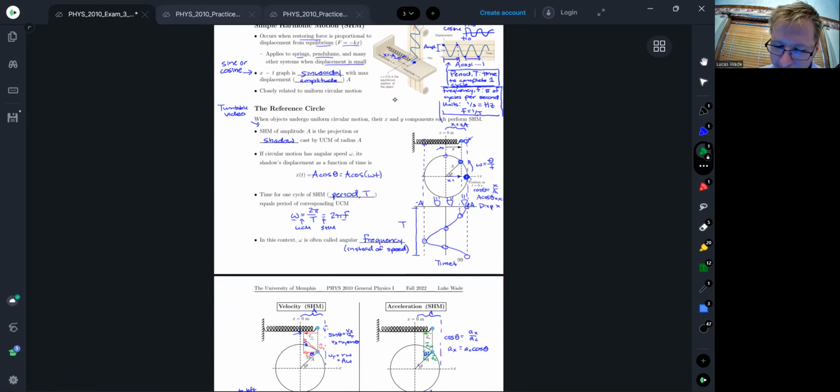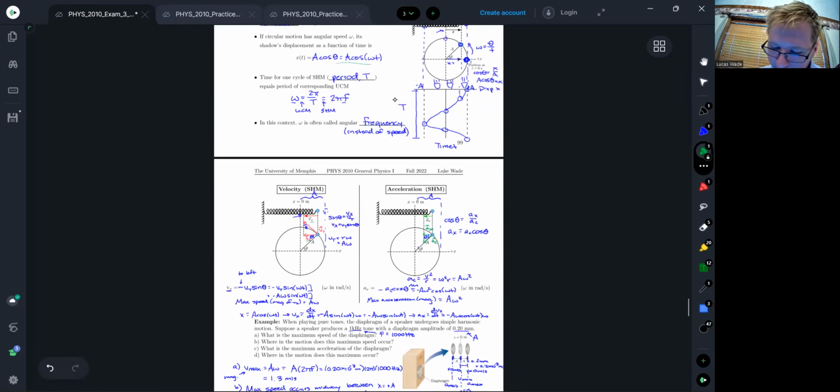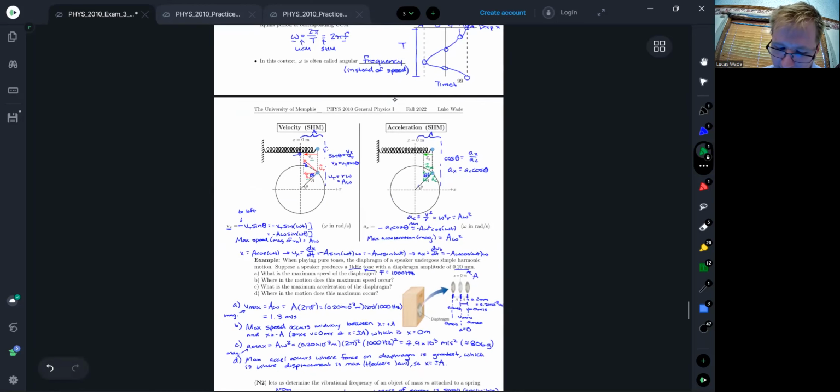That was to get that the displacement over time of a simple harmonic oscillator is given by this equation. And then it let us find also the velocity and its maximum value and the acceleration and its maximum value. So those end equations we got are relevant. The reference circle thing that we use to get those equations is not something to be tested on. It's just how we ended up finding those equations.